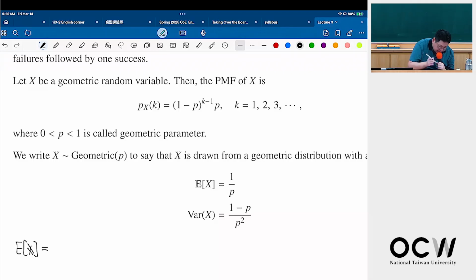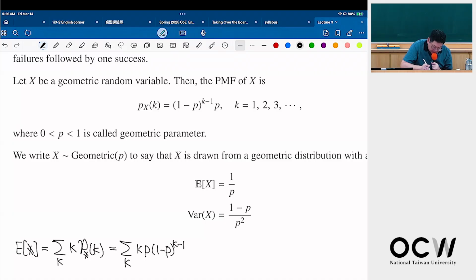The expectation, again, let's consider all possible outcomes, that will be k, times the corresponding weightings, the PMF of the random variable. And here is geometric. So we have k times p times 1 minus p to the k minus 1.